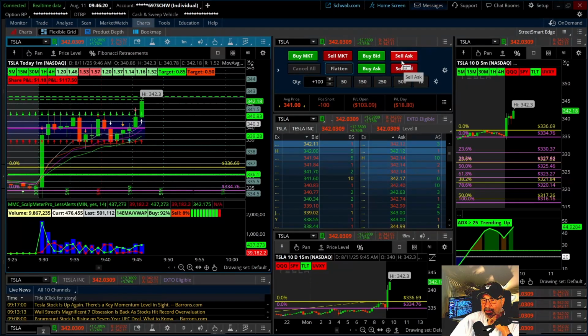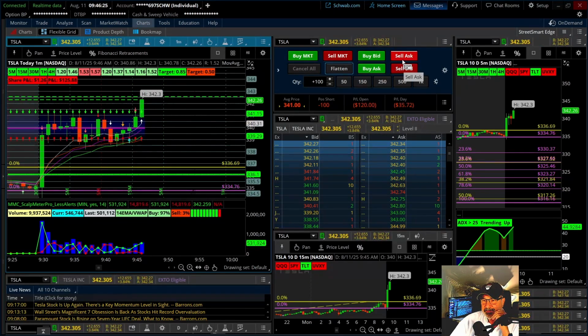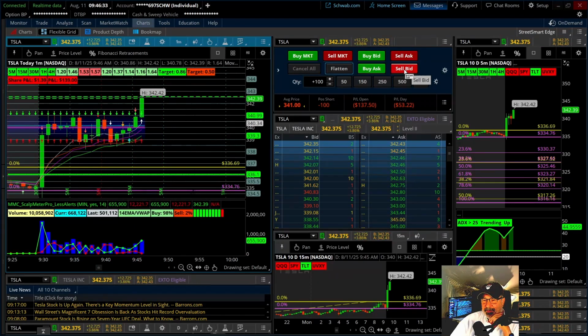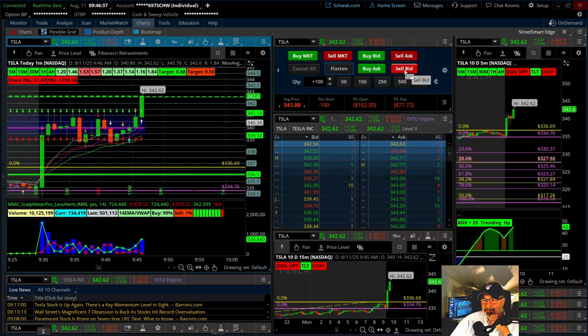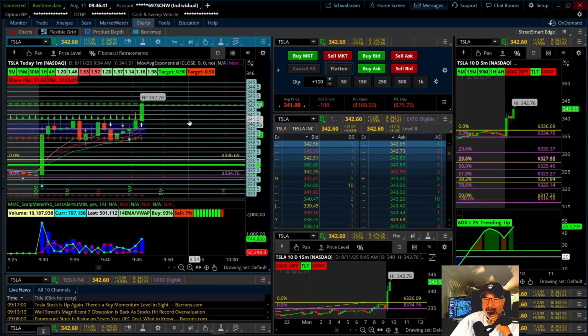It's making its new move up now, which is not... I'm on the wrong end of that. If it turns around, let's see if it's going to turn around for me here. That is not a good trade for me right now.